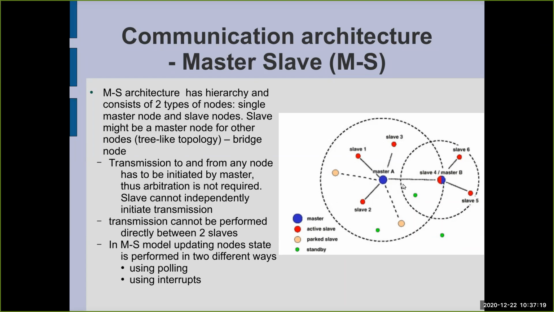And we have a single node called a master, and only the master is able to transfer data anytime. If the master gives permission to a particular slave, this slave is able to transfer data to the master.